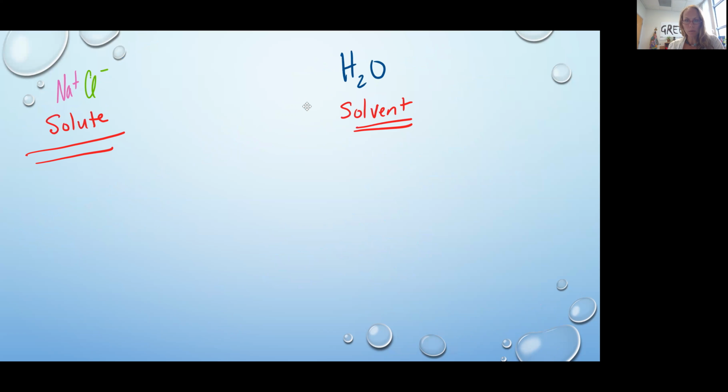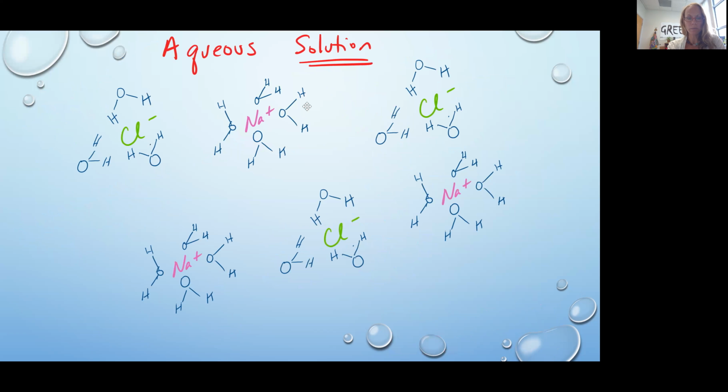And what we will see is that the water molecules are going to position themselves such that the negatively charged oxygen atoms of the water molecule will be closest to those positively charged sodium ions, and then the positively charged hydrogen atoms of the water molecule will be closest to that negative chloride ion.